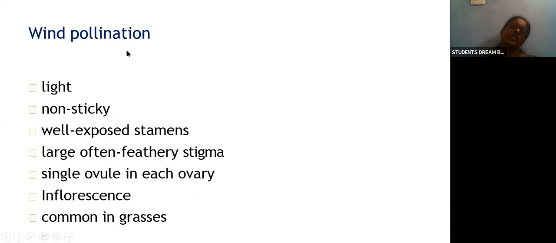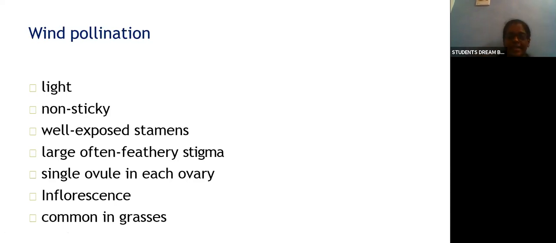Okay, so in wind pollination, what will happen? The pollen grains are light, non-sticky, and well exposed to the stamens. In which flowers does wind pollination happen? Light, non-sticky pollen, well exposed stamens, large and often feathery stigma, a single ovule in each ovary, and inflorescence. In plants like grasses, wind pollination happens.